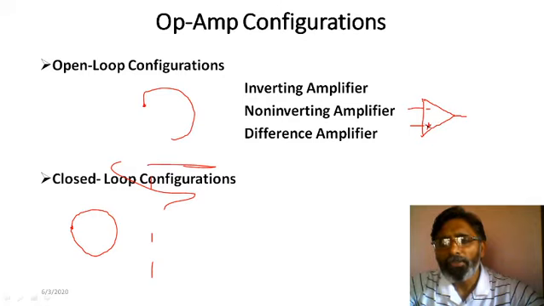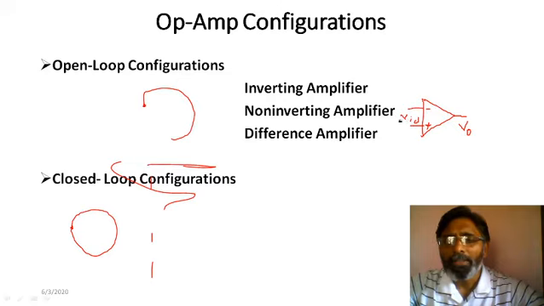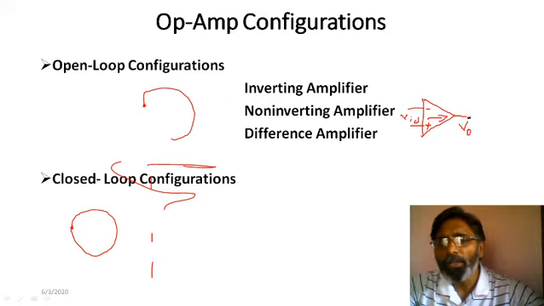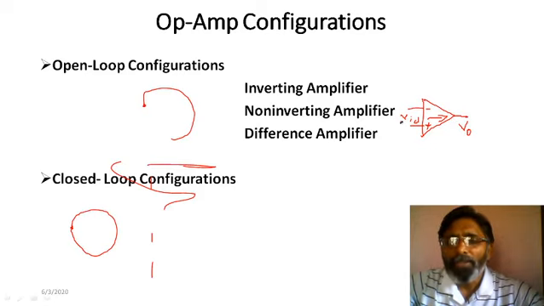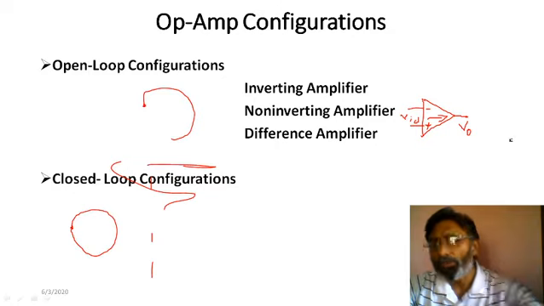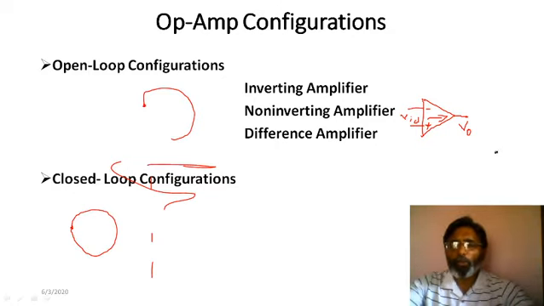If we apply input here, that is VID, and we get the output here, the input is processed through this internal circuit and sent to the output. So if I start from this point, I traverse up to this and then finish. The loop is not completed. That's why if the op-amp is used in such a configuration, it is known as open loop configuration.